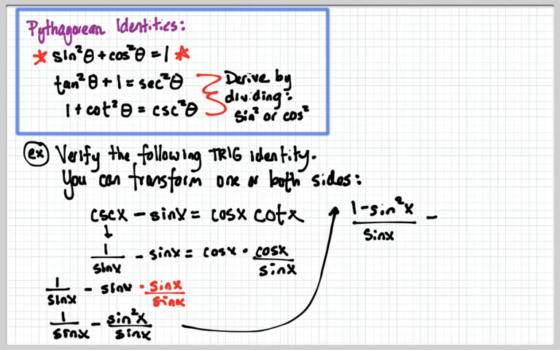Is equal to, now, why don't we go ahead and deal with the right side? Go ahead and combine this. How many cosines do we have? Cosine squared x over sine x.